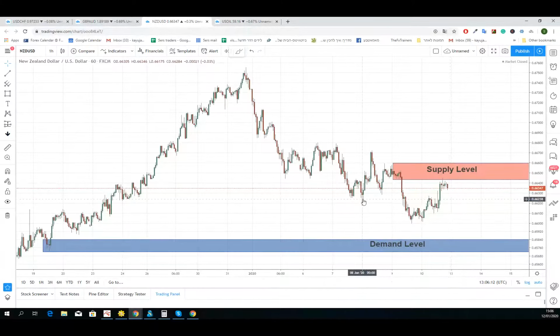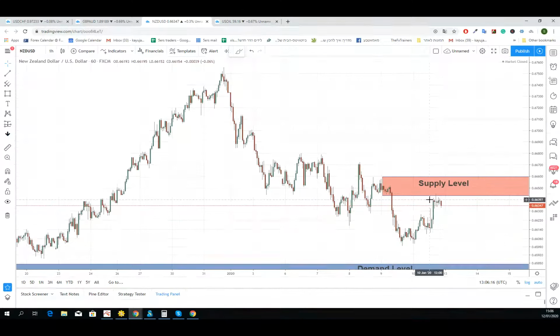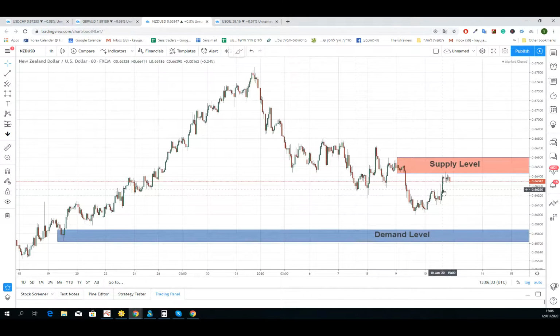Of course, the best and the most accurate level to sell is exactly here when the price touched the supply. But this already happened, and still we can look for any reason to sell the Kiwi dollar, because as it looks now, the price is on its way to reach this demand here below, which is the next available demand.